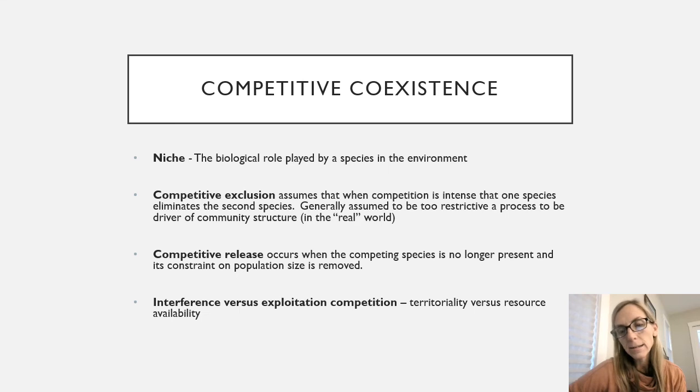We talked in previous lectures about competitive exclusion and the concept of competitive release, and also about behavioral differences that we might see, what we would call interference versus exploitation competition. All to say, the role of competition among species in a community is very important in determining the species diversity there and some of the patterns that we see in interactions with the landscape.